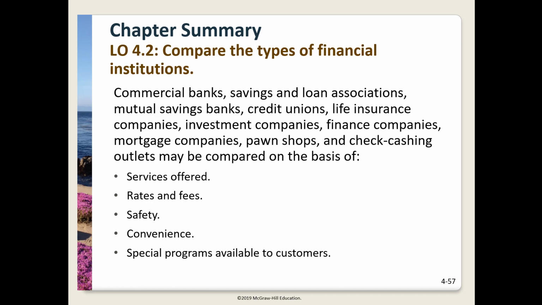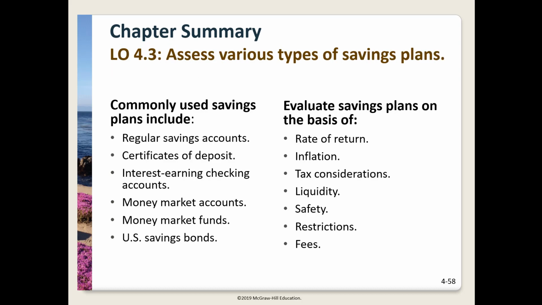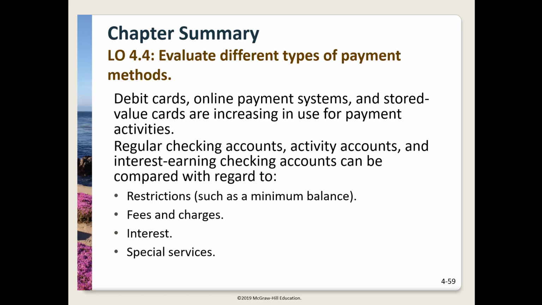We covered a wide variety of types of financial institutions and the criteria to compare them. Learning objective 3, this recaps types of savings plans and criteria for evaluation. And learning objective 4, evaluate different types of payment methods. As with savings plans, we covered basic payment methods, the most common being debit and credit cards and regular checking accounts. This concludes chapter 4.